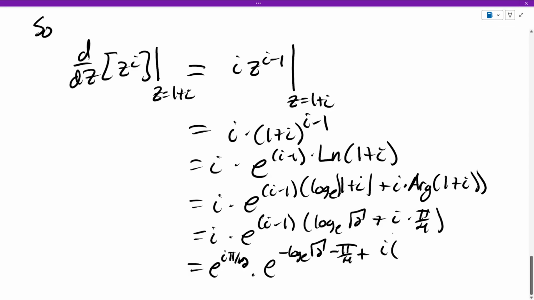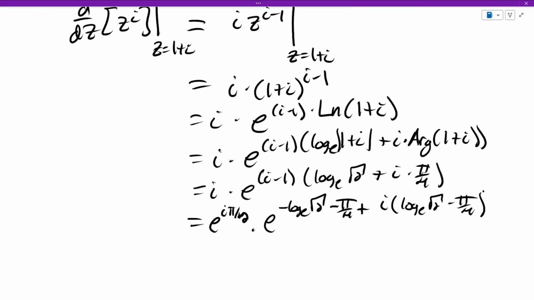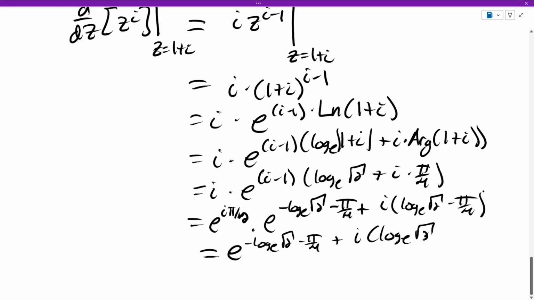We have a negative pi fourths, and we have a positive log e root 2. Okay, you're going to have to go in and check this to make sure I haven't made an error. And then very lastly, we still have this i out front. So we have to add pi halves within the i term. All this is happening within the exponent. So we're going to add pi halves to negative pi fourths to get a positive pi fourths. Whew. All right, we did it.